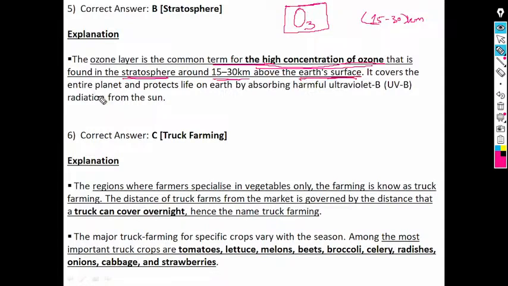It covers the entire planet and protects life on Earth by absorbing harmful ultraviolet B radiation from the sun. Ozone is a friendly gas which protects us from harmful ultraviolet radiation.